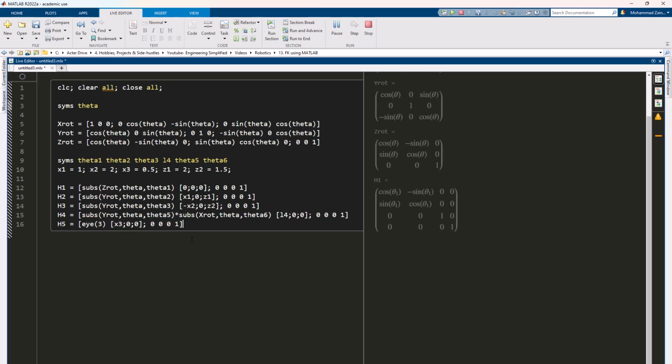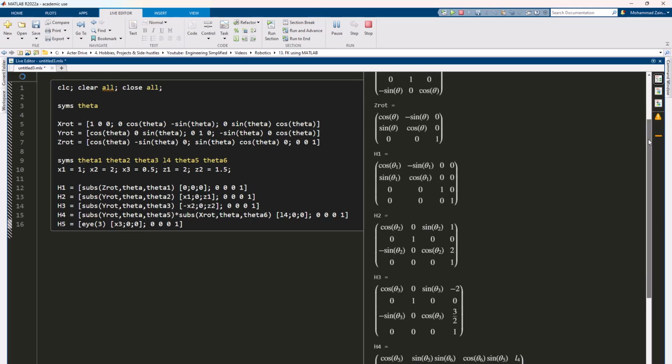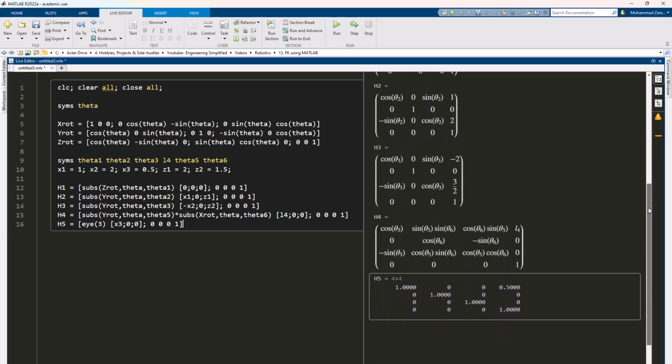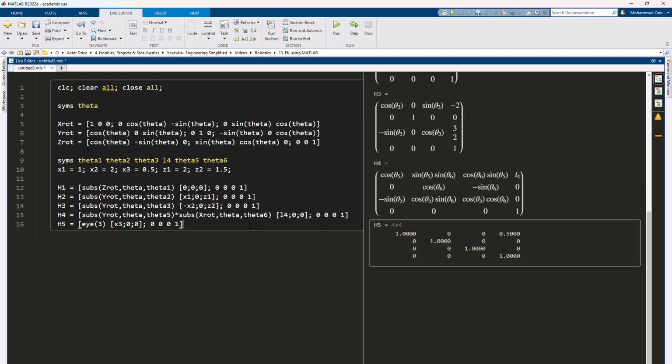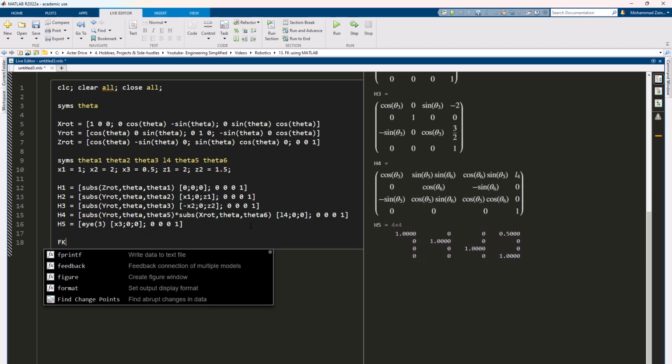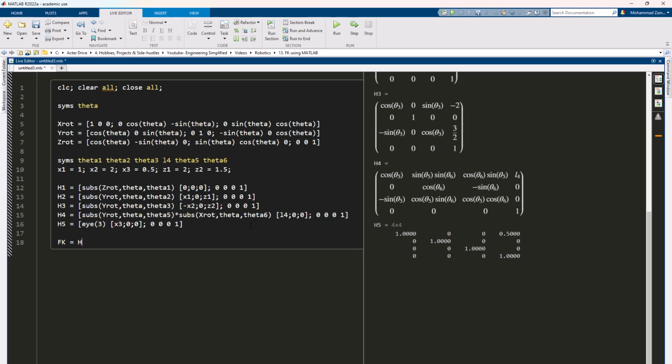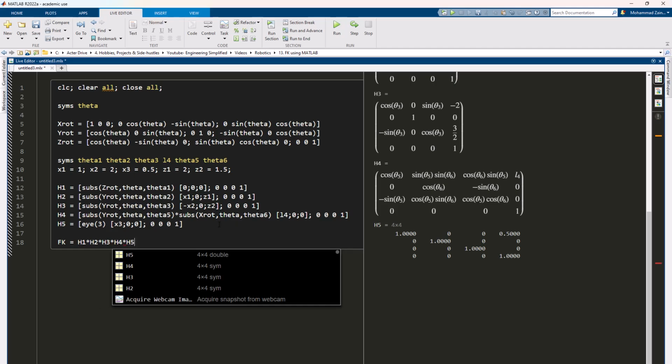Now on the right we can see all the homogeneous transforms. So there is h1, h2, h3, h4, h5, right? And now to get the forward kinematics, fk, I just multiply h1 by h2 by h3 by h4 by h5.